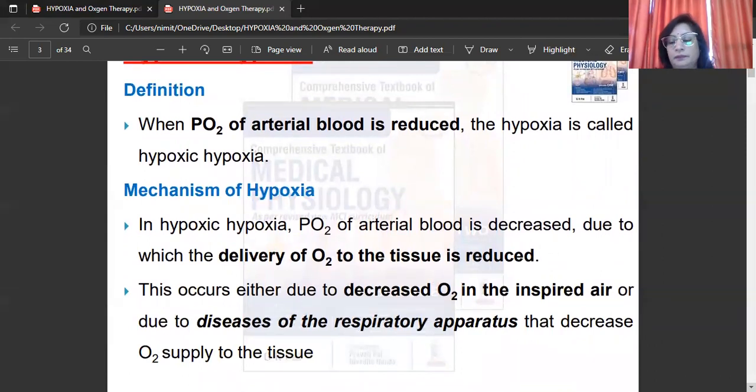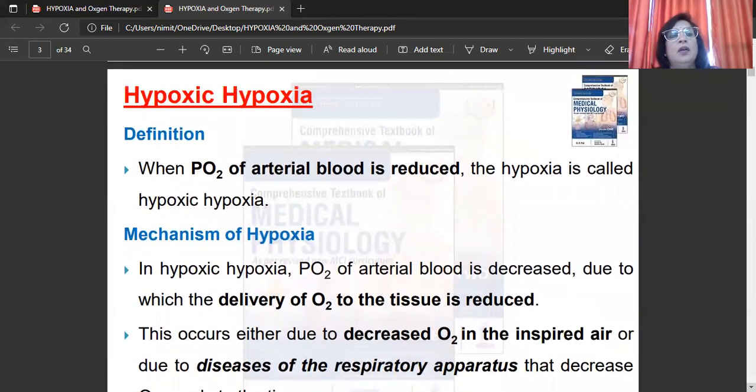Now, what is hypoxic hypoxia? As the name suggests, hypoxic means lack of oxygen. Very good. So what is the definition?